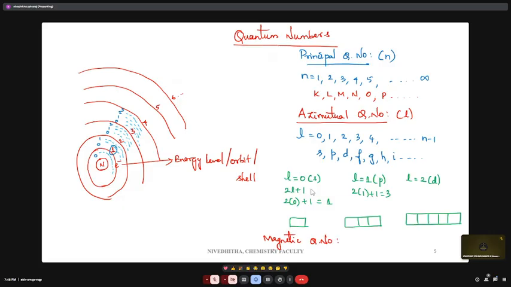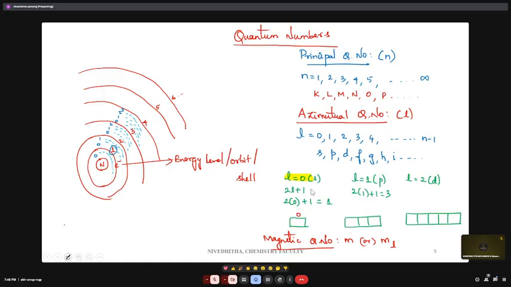Magnetic quantum numbers are represented using the alphabet small m or small m with the subscript small l. Now we have to give numbers, and it is very easy. This is the L equals 0 subshell. In the 0 subshell, we have only one orbital, whose number is also 0.